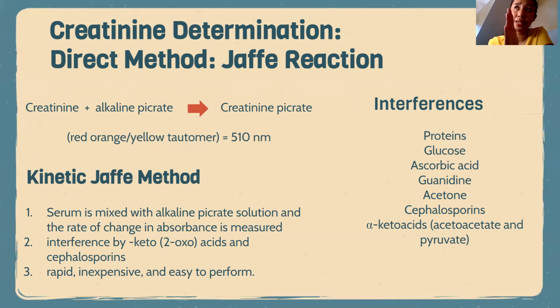It's measured, sabihin natin, every 1 minute, 3 times. After 1 minute, i-read. After the second minute, i-read na naman. Tapos, third minute, i-read na naman. Because we are measuring the rate of change in absorbance. Same pa rin, pero ang minimeasure natin, yung rate of change.